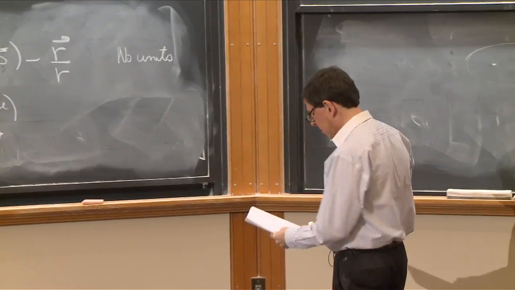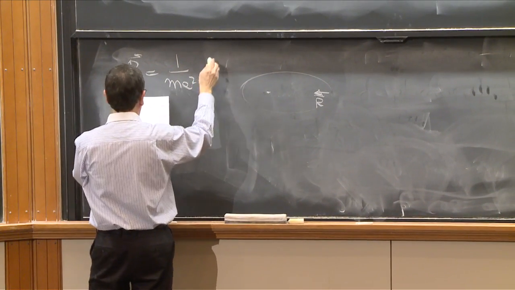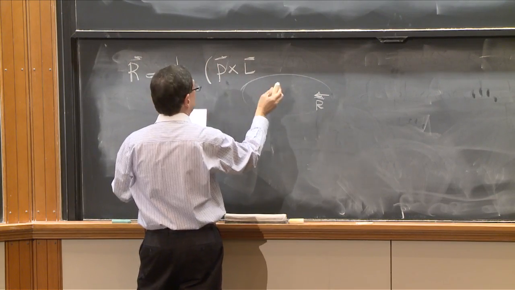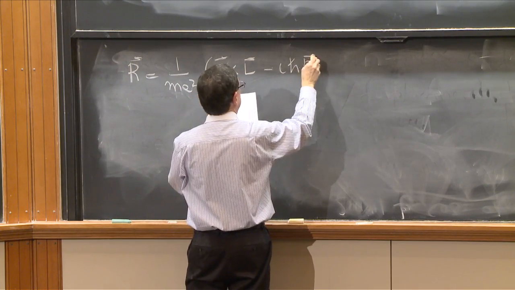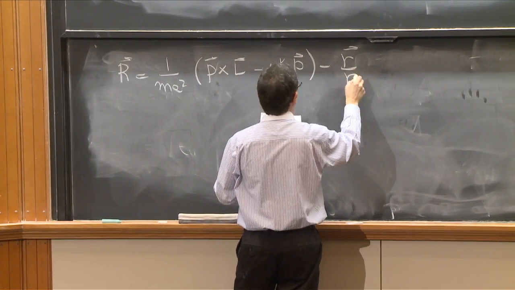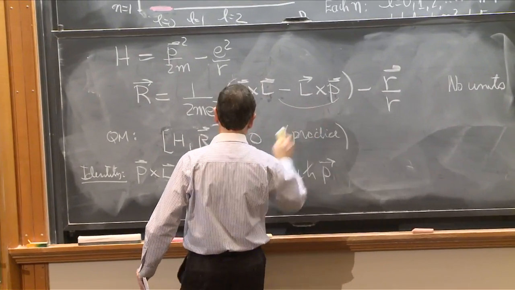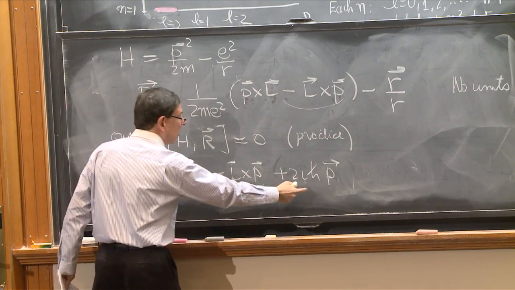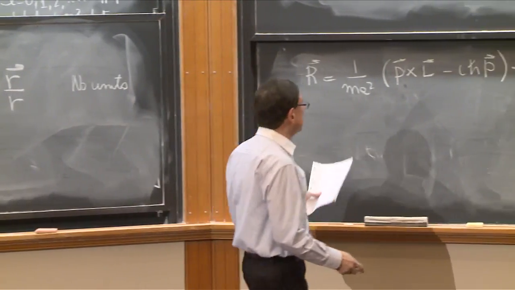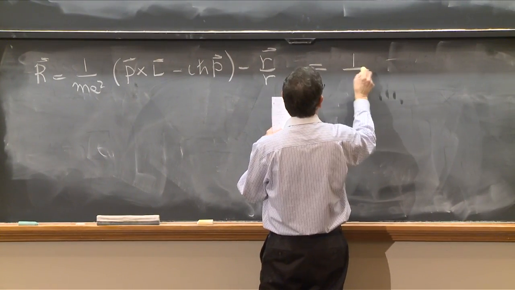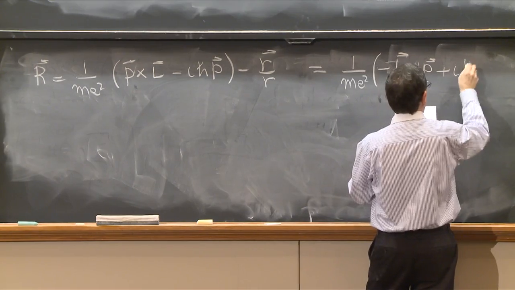So the R can be written as 1 over m e squared alone, P cross L minus i h bar P minus R over R. For example, by writing this term as another P cross L minus that thing, gives you that expression for R. You have an alternative expression in which you solve for the other one, so it's 1 over m e squared minus L cross P plus i h bar P.